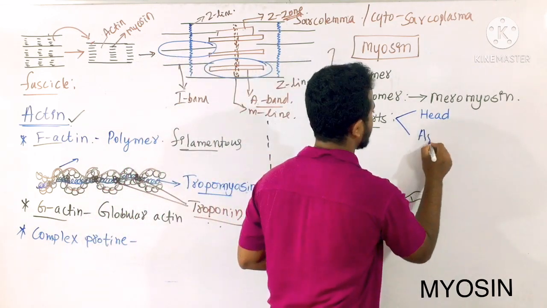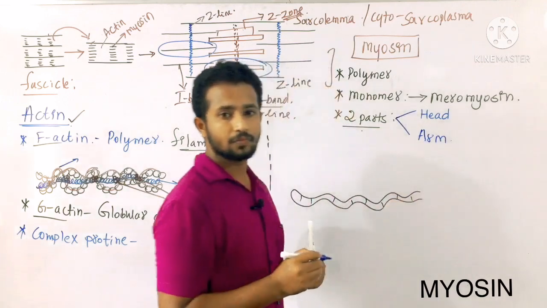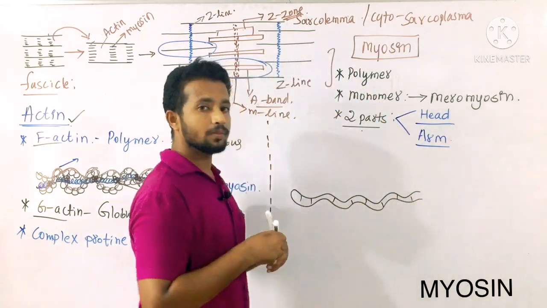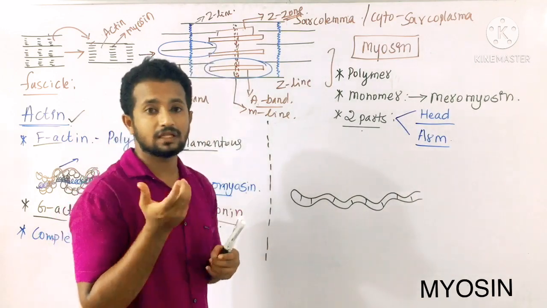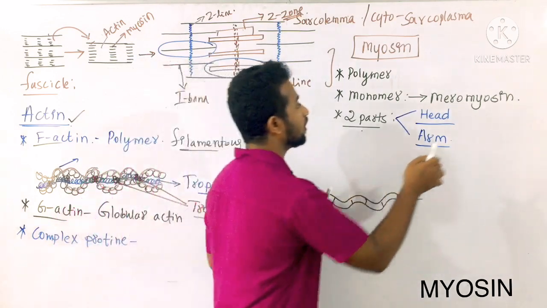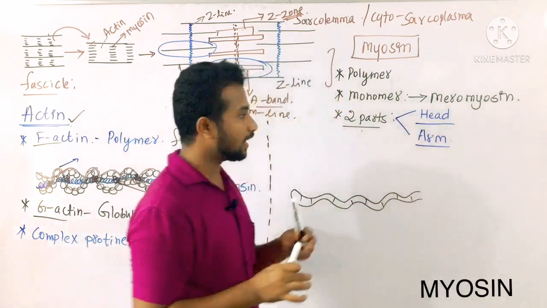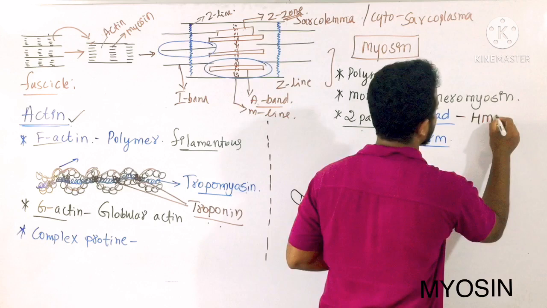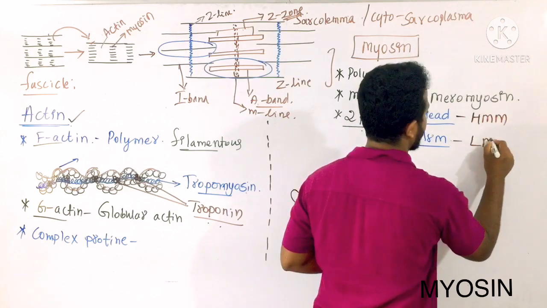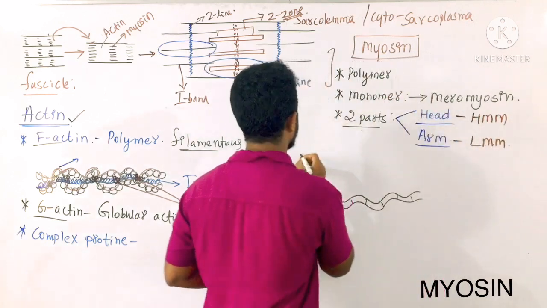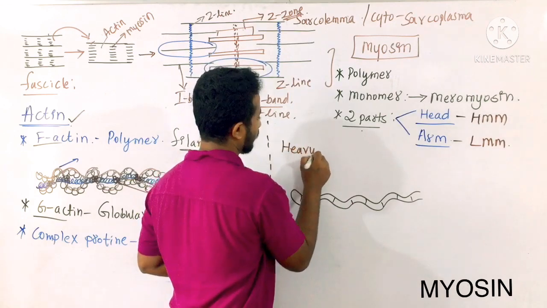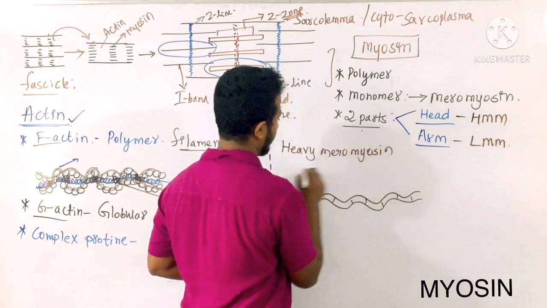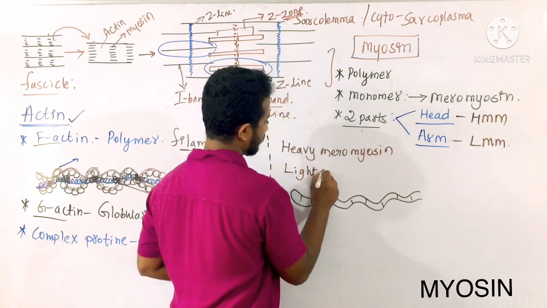Here the tail portion is called the arm, and when you look into the molecular aspects of this head, the molecular weight of this head is a little bit heavy, and heavy meromyosin is the composition of the head of the myosin, so we write it as HMM and LMM. What is HMM? Heavy meromyosin and light meromyosin.